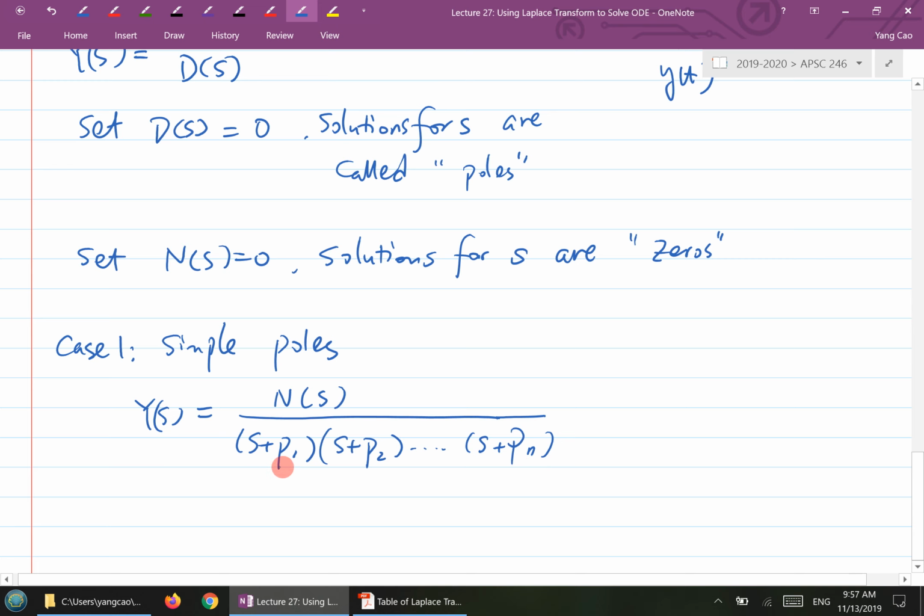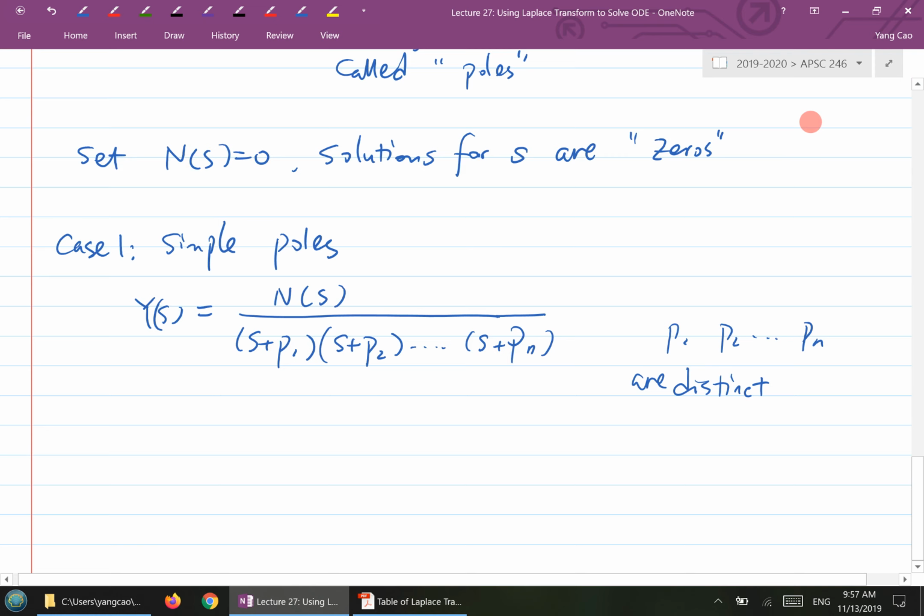Why? Because if you set the denominator to be 0, you get solutions for s: negative p1, negative p2, up to negative pn. Those are the poles, and we assume all the poles are distinct from each other. So you can write down what the poles of the system are.